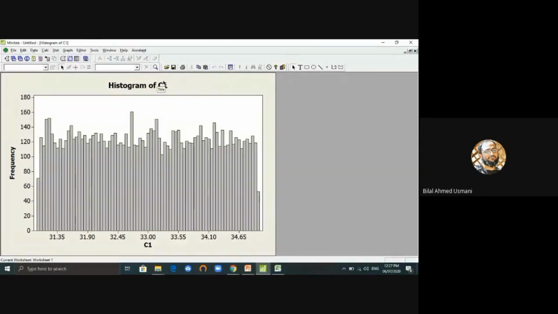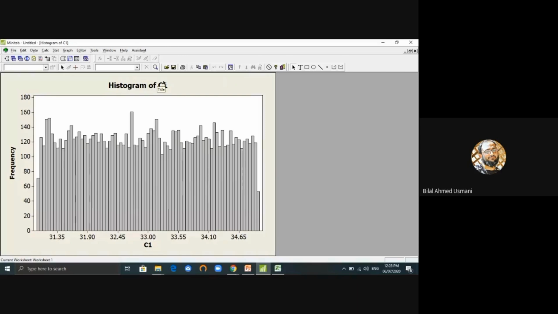Because we have done sampling, and a representative sample represents the distribution, but it's not guaranteed to be exactly the same distribution.